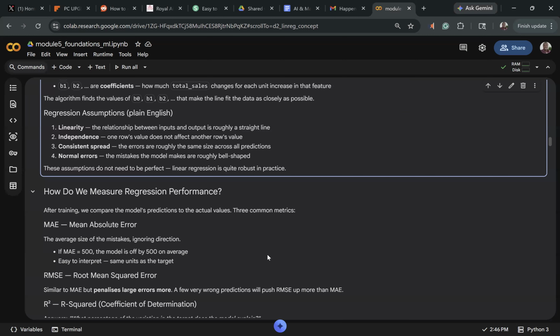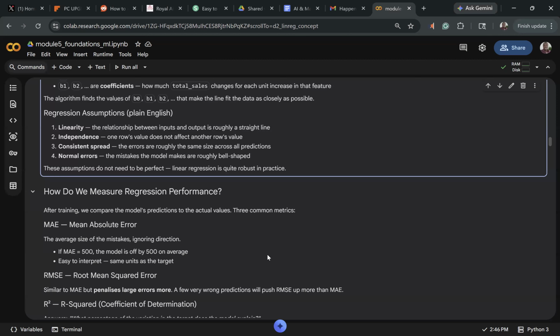Absolute is how we eliminate any potential negative in our data. Take, for example, if our actual value is $1,000 and the predicted value is 1,500, that means we have a negative 500 in our error.